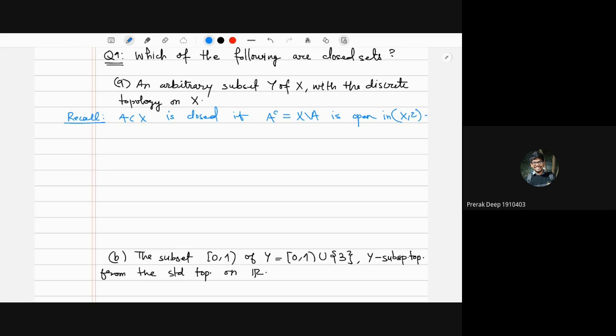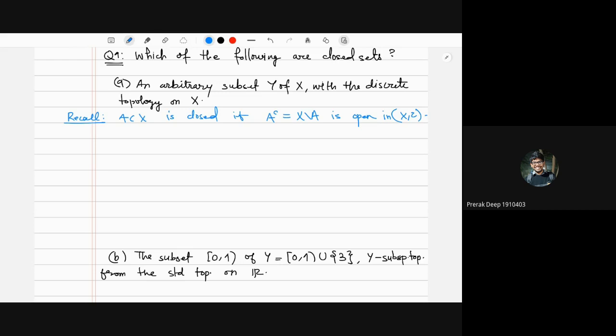What is a discrete topology? In the discrete topology, every subset of X is open.